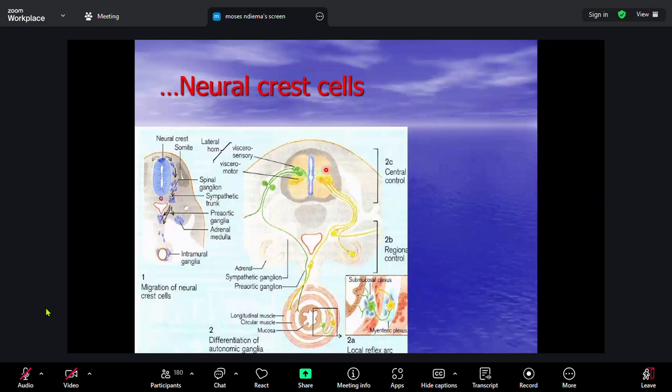So the upper part, which is ala, is sensory, receiving information from the viscera. The lower part, immediately below the sulcus limitans, sends the information to the viscera. So this part is dealing with autonomic nervous system. The most upper part of the ala plate is purely sensory.